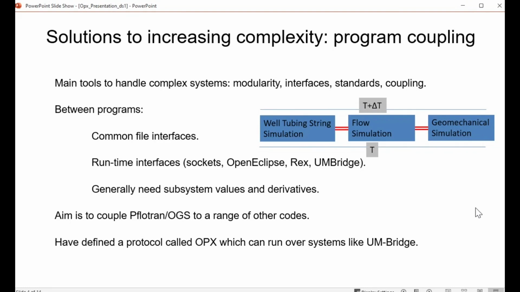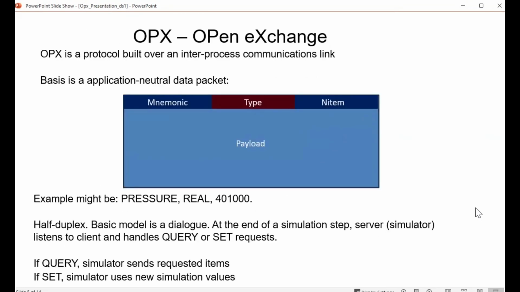And the way we've done this is to define a little protocol we call OPX, which can run over systems like Umbridge, and now does. So OPX is rather similar in some ways to OpenEclipse. The basis is a simple application-neutral data packet, and that data packet has a mnemonic, it has a type, and it has a number of items, and it can carry a payload. So an example might be, here's an array of 401,000 pressure values, and they're all reals.